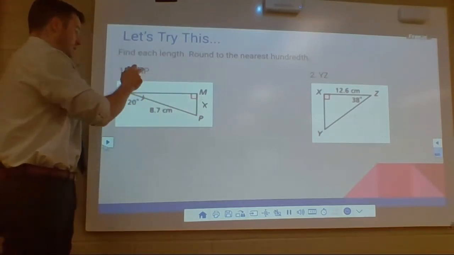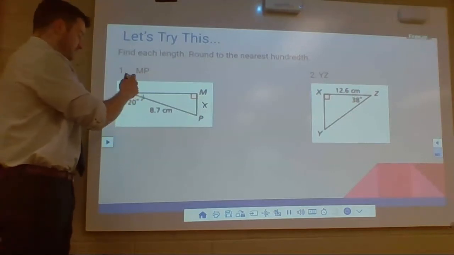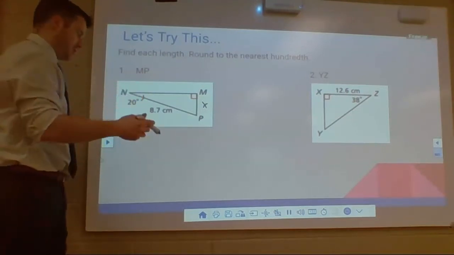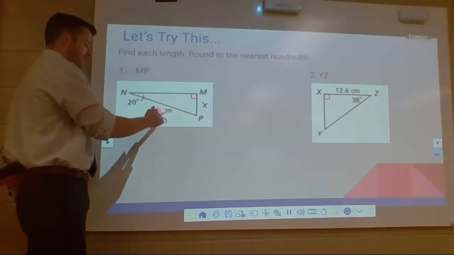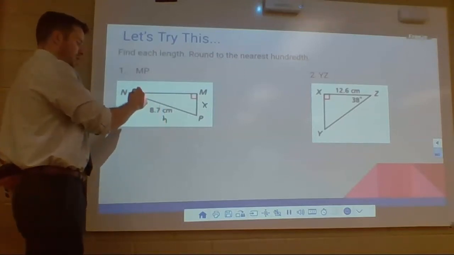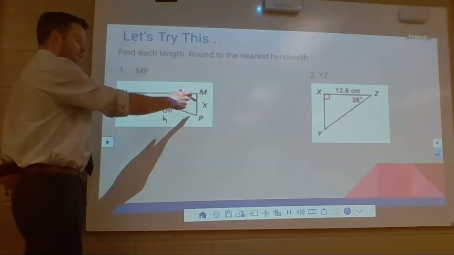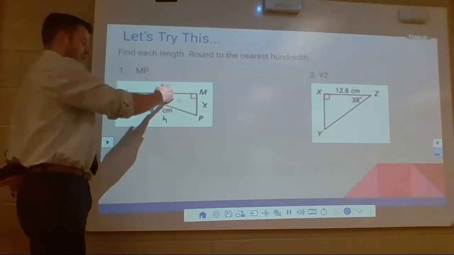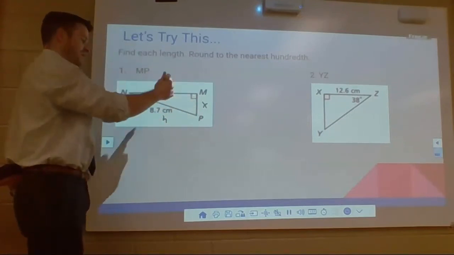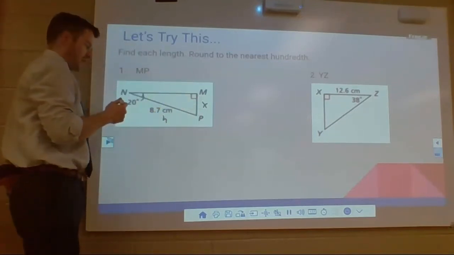So now that we have our information that's given, we're going to use our trig ratios. So we're given the hypotenuse, and in relation to this angle that we're given, angle N, what is this side in relation to angle N? Is it the opposite or is it the adjacent side?